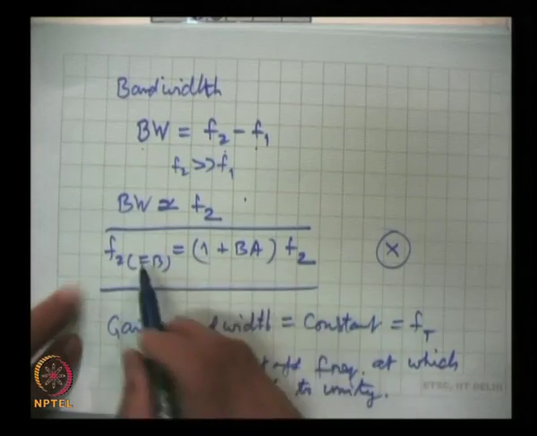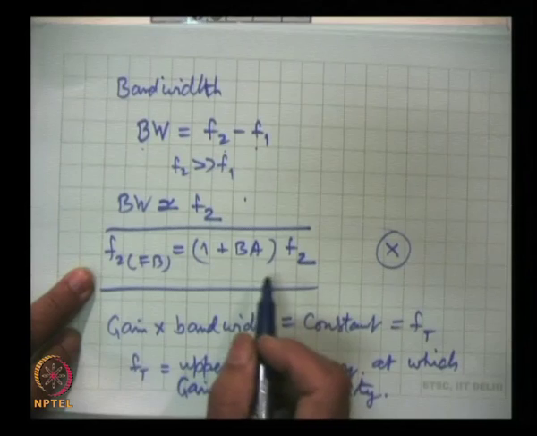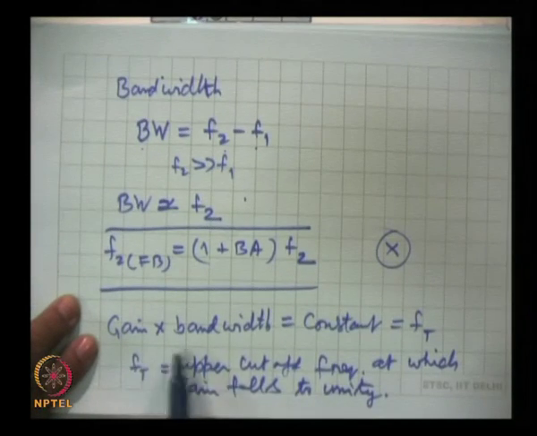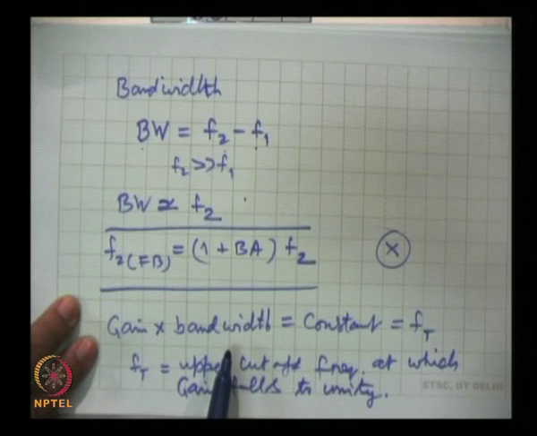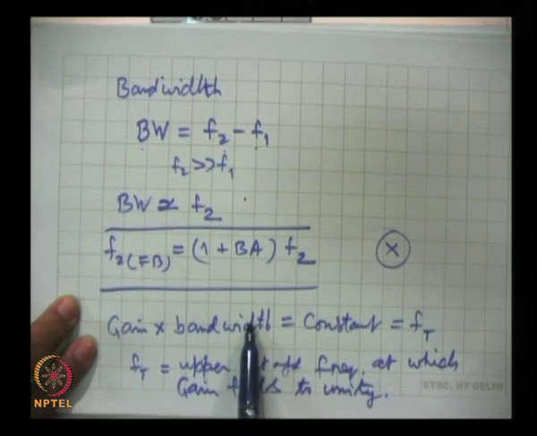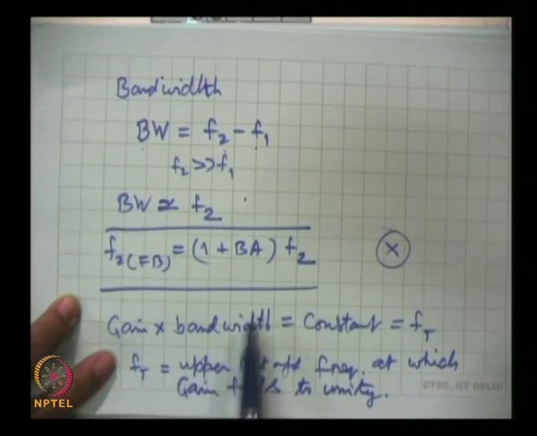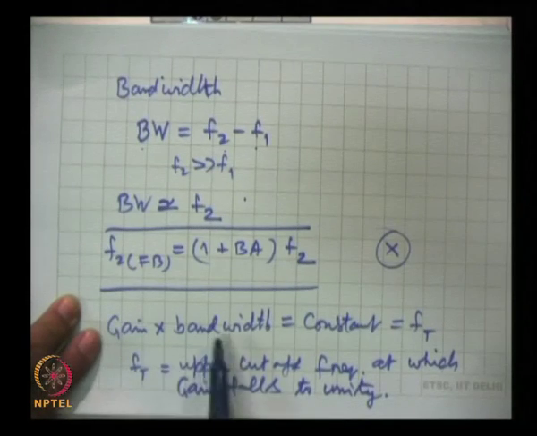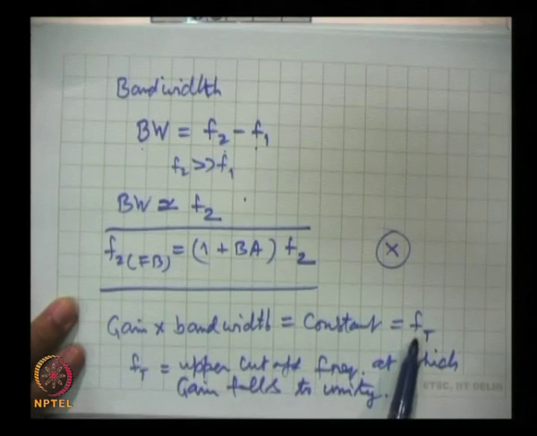Now, this expression we can arrive at from a different angle. Gain bandwidth product for any amplifier is constant. If we attempt to raise the gain, then bandwidth will fall. On the other hand, if the gain falls, the bandwidth will increase, and this product is constant.